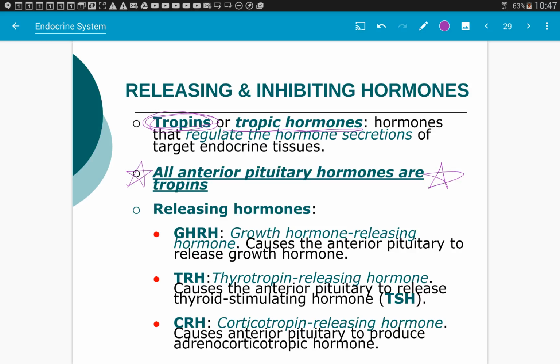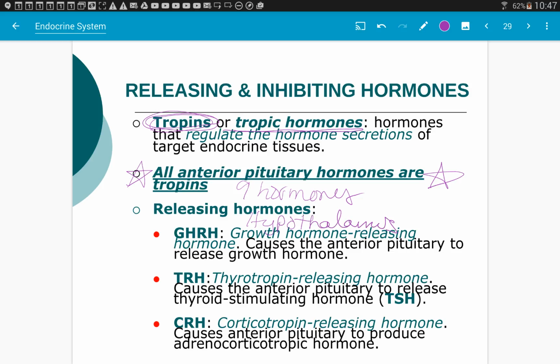And if you remember from the previous slide, there are 9 hormones made in the anterior pituitary. All of those hormones go on to affect other endocrine glands in the body and stimulate them to release hormones. The releasing hormones are coming from the hypothalamus. Always remember that.